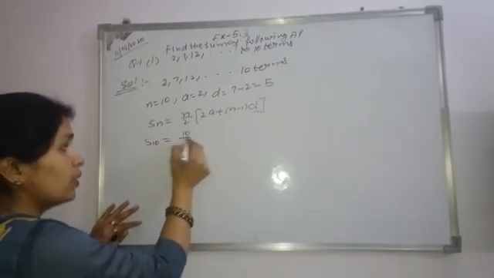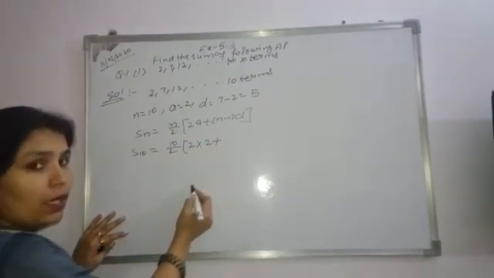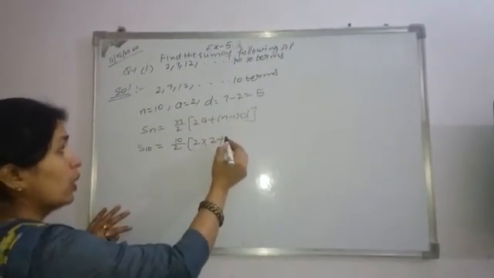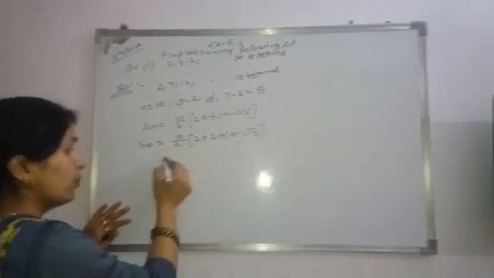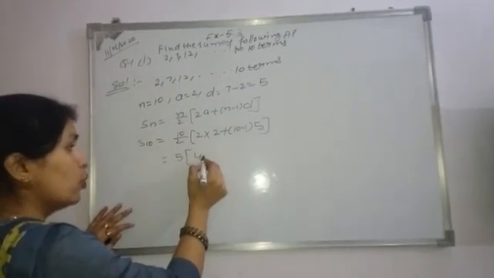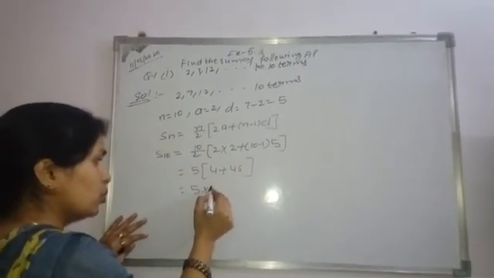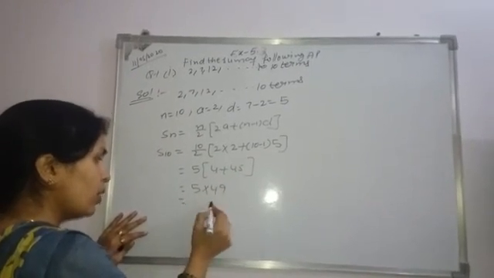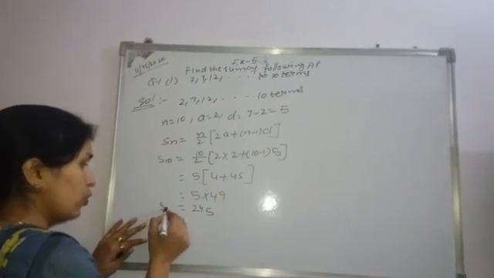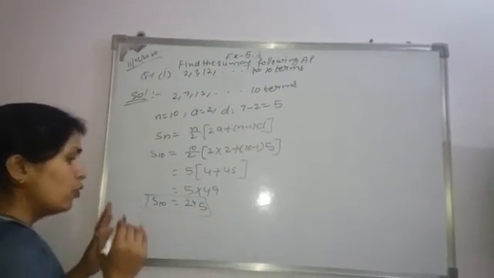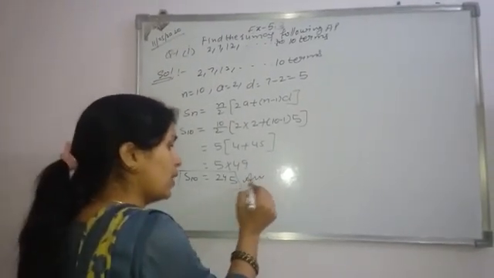So n is 10 divided by 2, into 2 into a, which is 4, plus n minus 1, that is 10 minus 1, and d is equal to 5. So 5 into 9 is 45, plus 4 is 49. 5 into 49: 5 nines are 45, 5 fours are 20, plus 4 is 24, so 245. So the sum of first 10 terms of this AP is 245, and this is the answer.